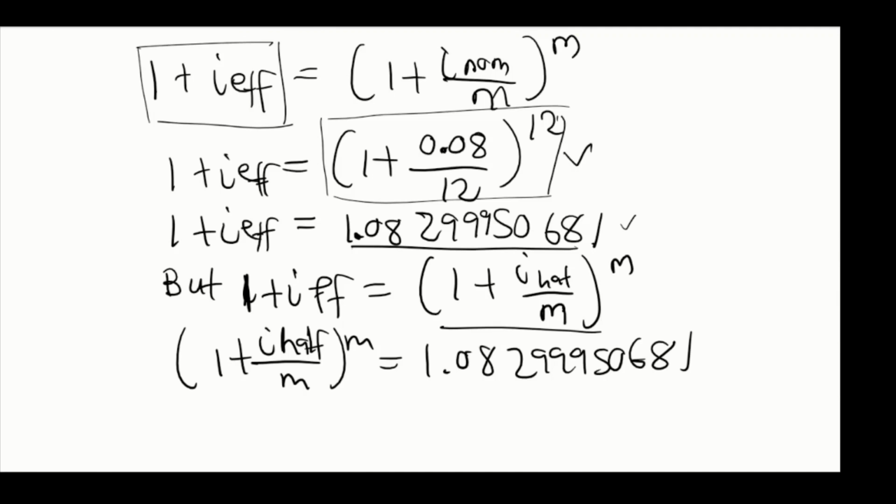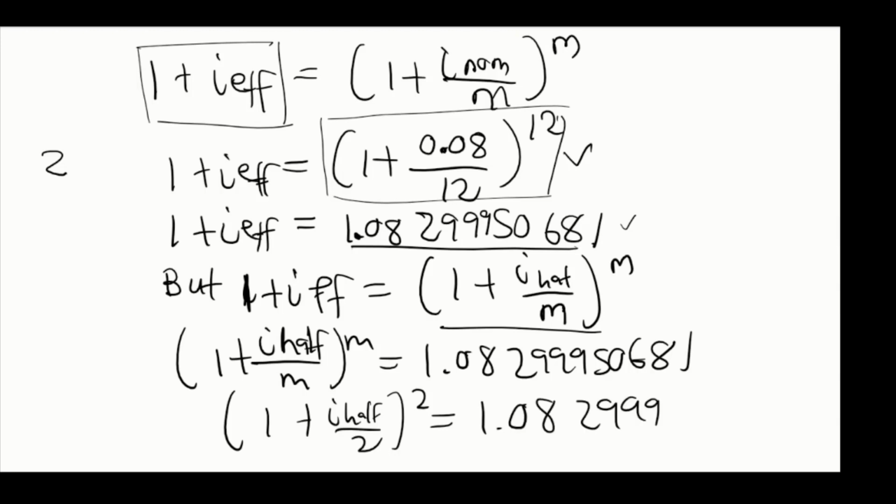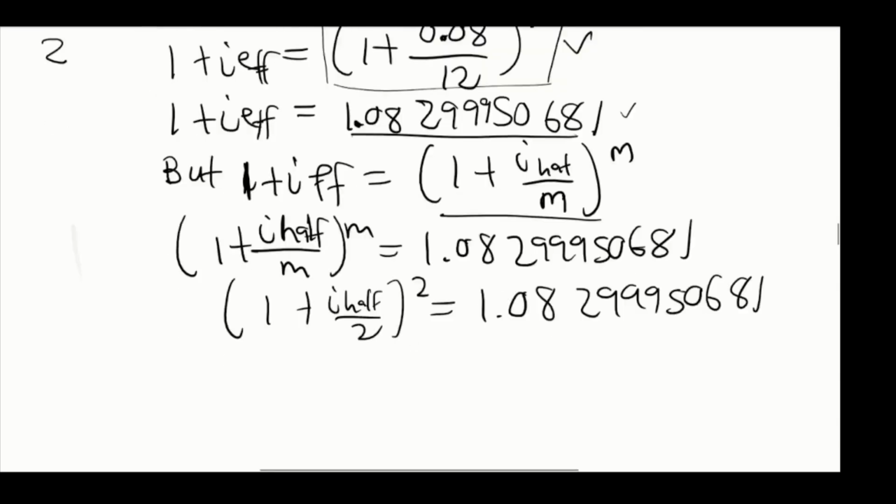knowing very well that half means 2, where there's m we're going to put 2. So it's going to be 1 plus i half over 2, to the power of 2, because it's half yearly, equals 1.08299950681.